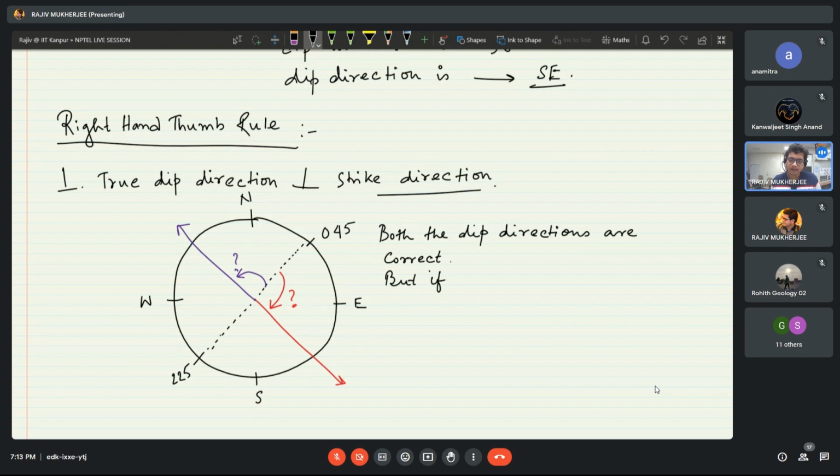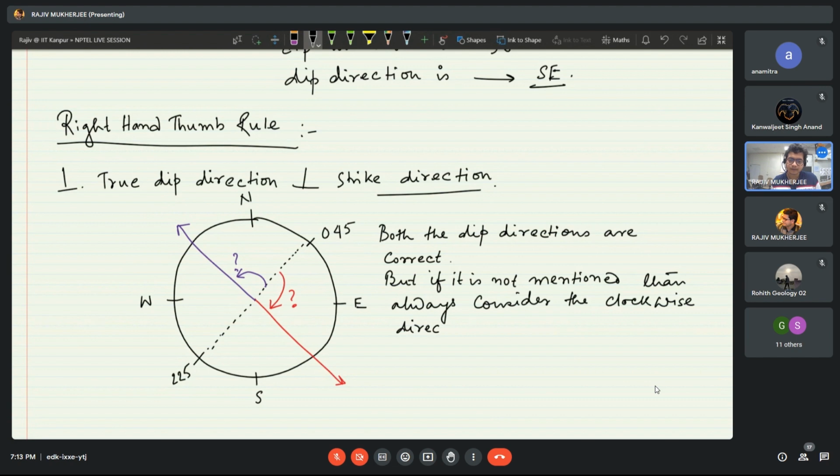if it is not mentioned, then always consider the clockwise direction for getting the dip direction.